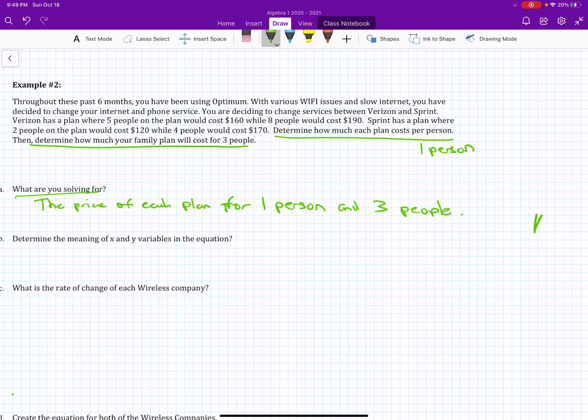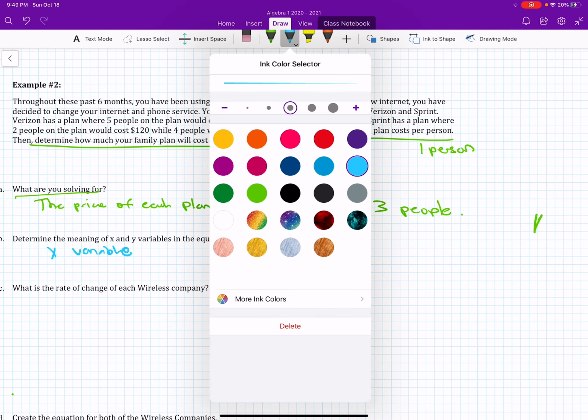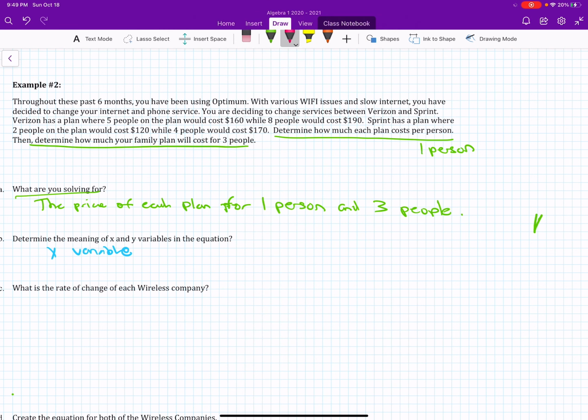Determine the meaning of the x and y variables. So the x variable, let's see. We have Verizon and Sprint. Verizon has a plan with 5 people for a cost of $160, while 8 costs $190.